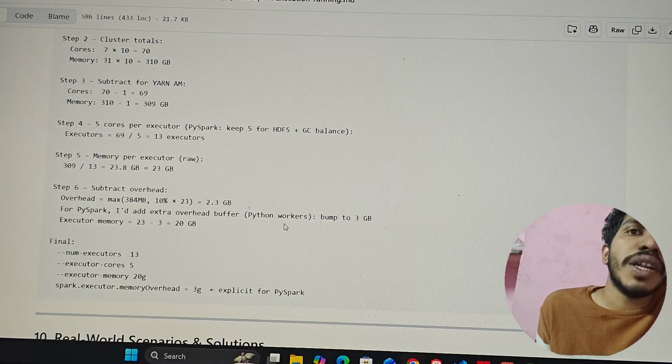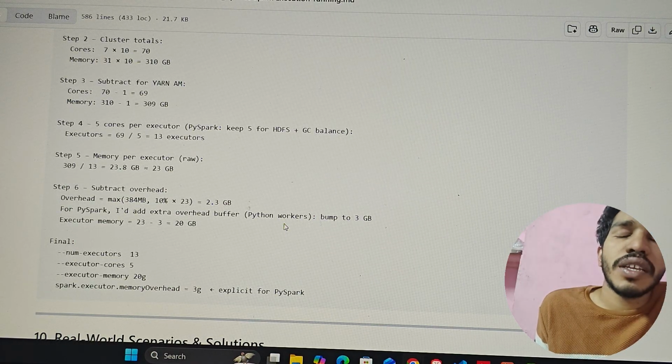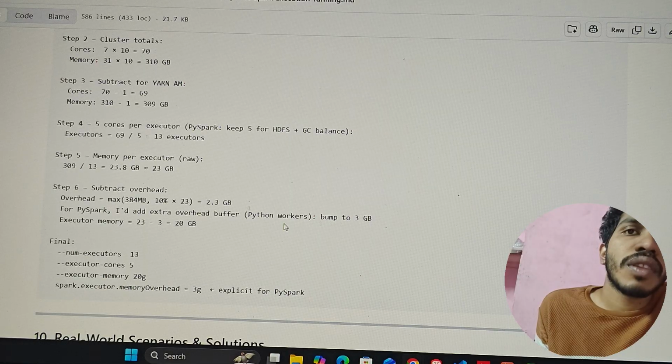Then subtract overhead. Overhead is the max of 384 MB or 10% of memory. Here memory is 23 GB, so overhead memory is 2.3 GB, and for Spark I keep an extra overhead buffer for Python workers, making it 3 GB.